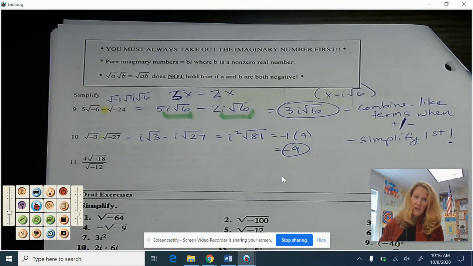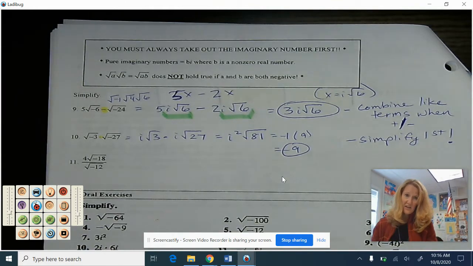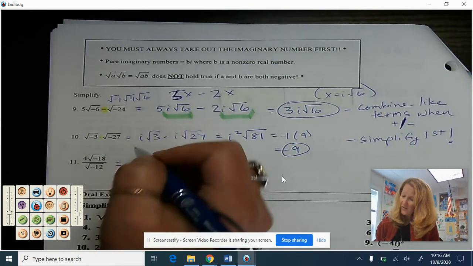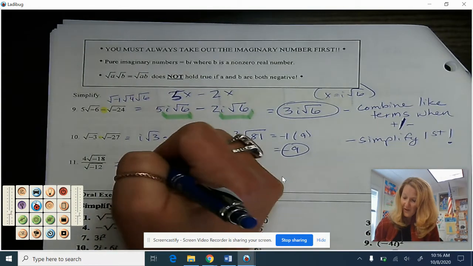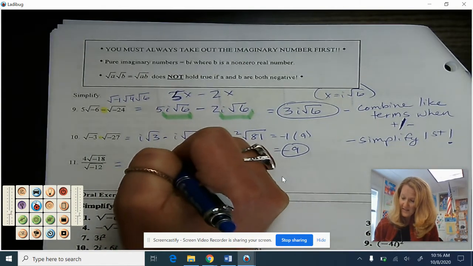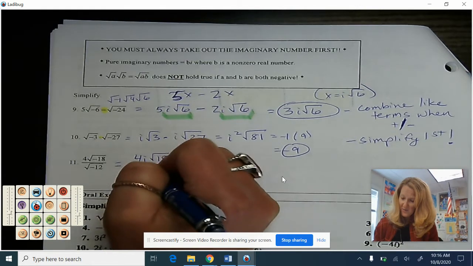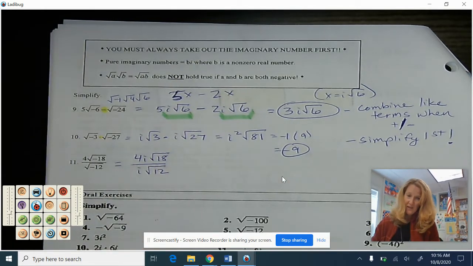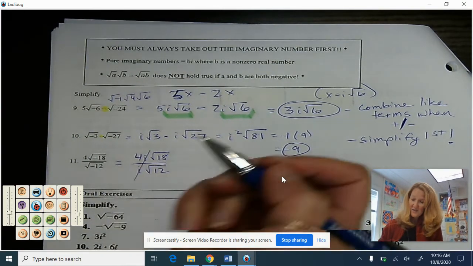Okay, and then number 11 is the hardest question out of the group. Always take out your imaginary number first. So I have 4i times the square root of 18 over i times the square root of 12. There's more than one way that you can do this question. The first thing that I noticed right away is that the i's cancel.